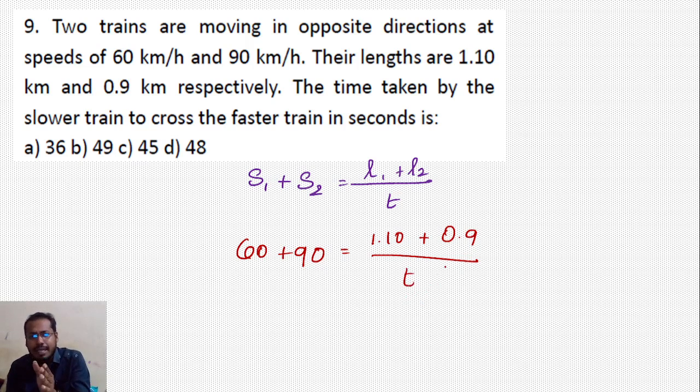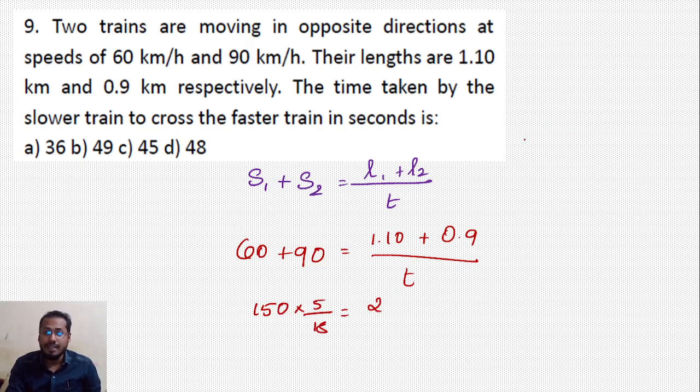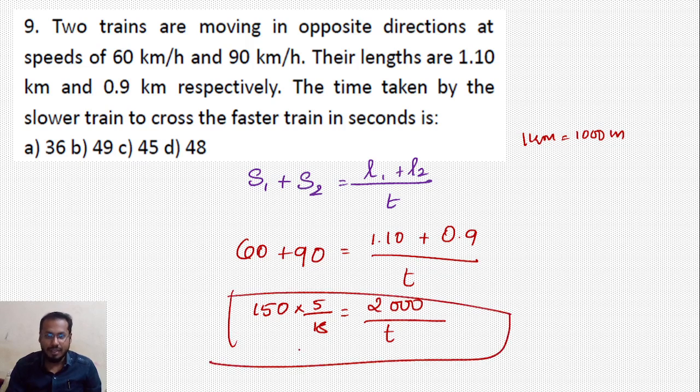Both 1.10 and 0.9 are in kilometers, so we need to convert everything from kilometer per hour to meter per second. 60 plus 90 is 150, into 5 by 18 is equal to, this is 2 kilometers, but 1 kilometer is equal to 1000 meters, correct? So 2 kilometers is equal to 2000 meters over T. Just solve this, you will get the right answer. 48 is the right answer.